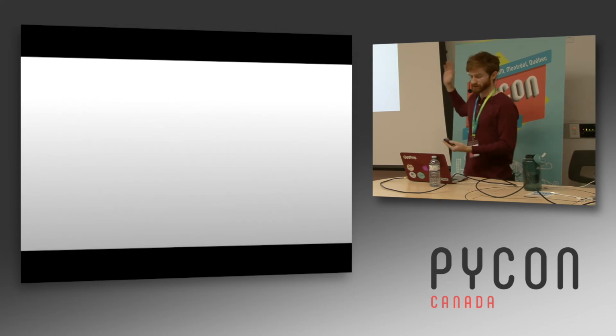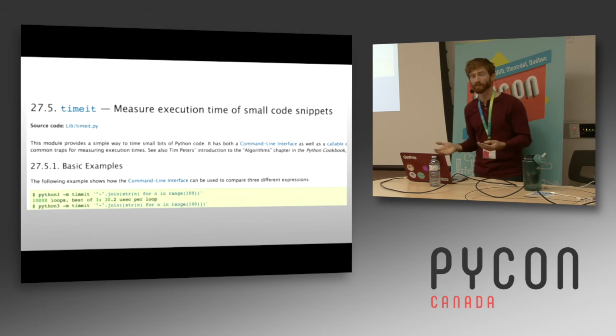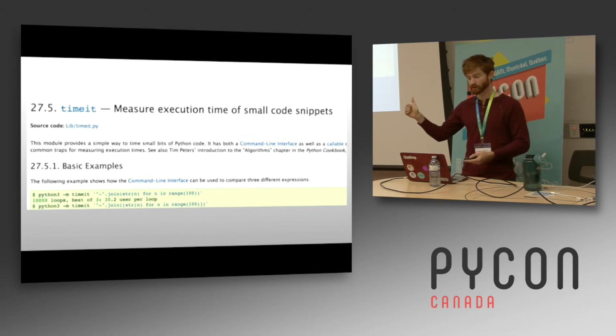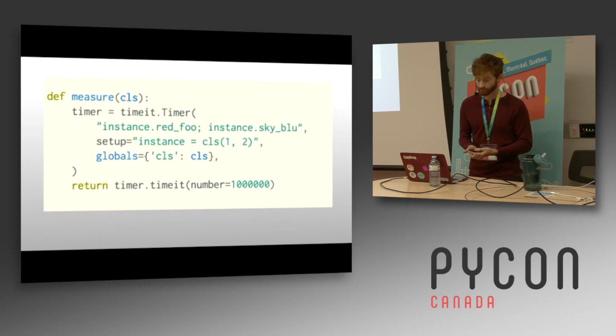So how can we measure this? The standard library saves the day again. The timeit module does exactly what we want. It takes a snippet of code, executes it many times, and returns the total amount of time it took to run that snippet.